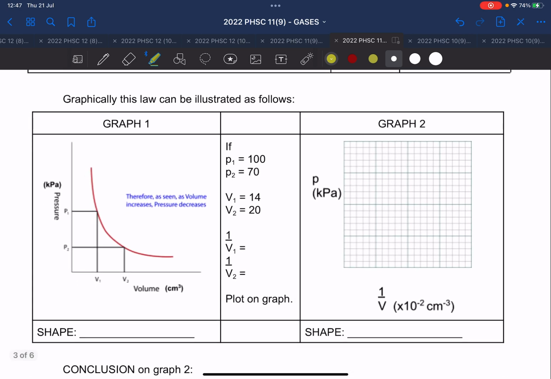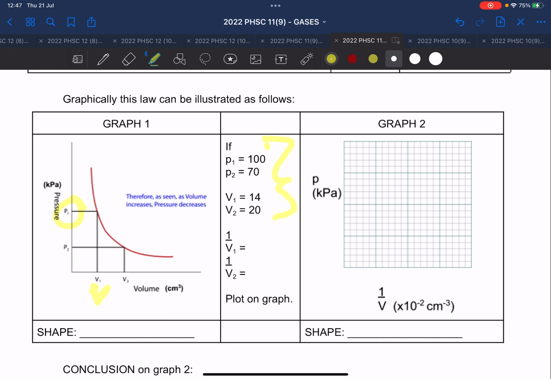All right, let's see if this is actually true. So we have 2 graphs. Graph 1, they did an experiment to test the pressure of a gas at a certain volume. Okay, and they got these results.